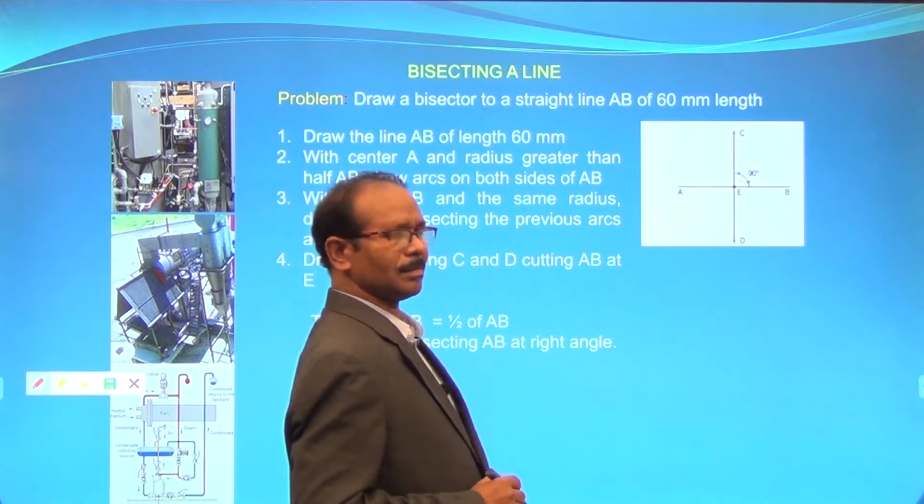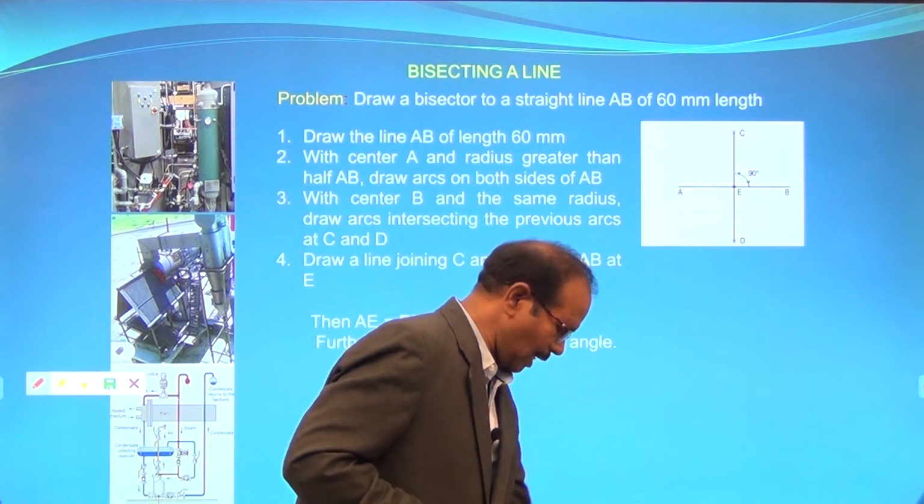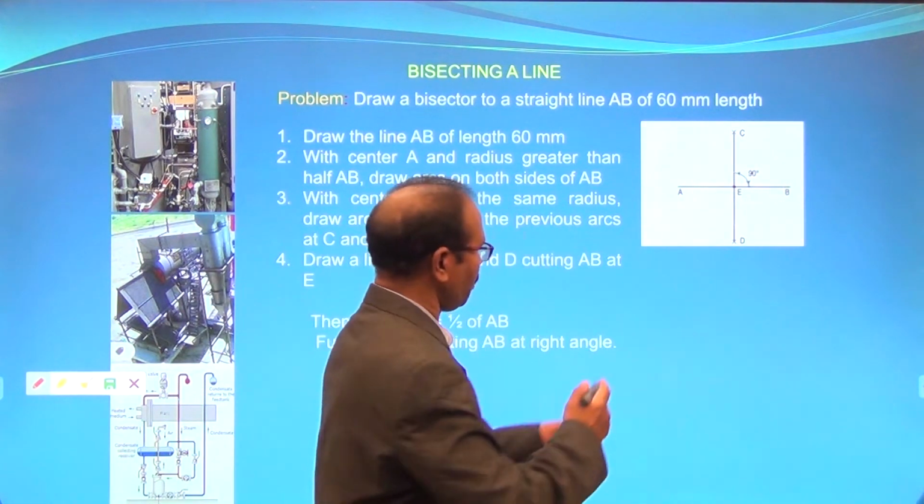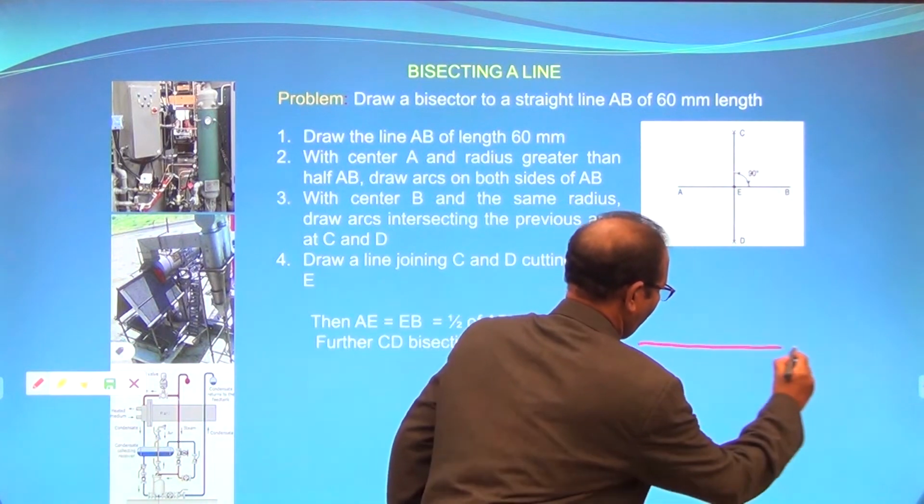Draw the line AB. You can use any tools required or directly draw a line.